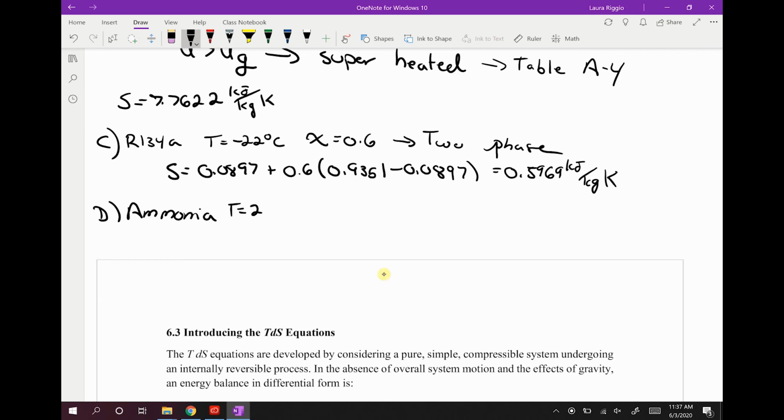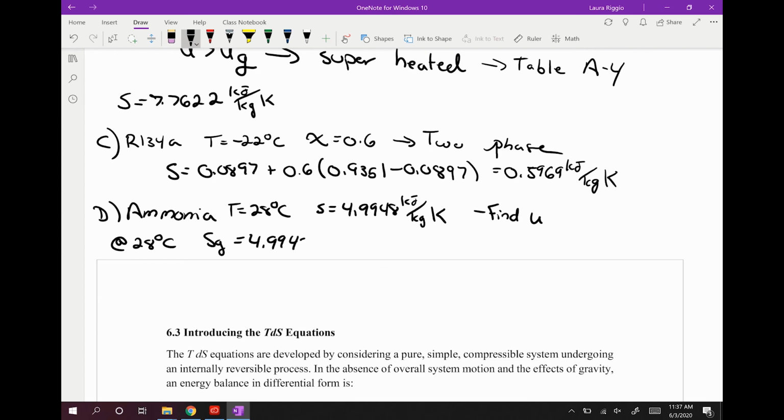The last one I was given was ammonia. My temperature is 28 degrees Celsius. I was given my entropy, and I was asked to find my internal energy. Well, at 28 degrees, sg is equal to 4.9948.